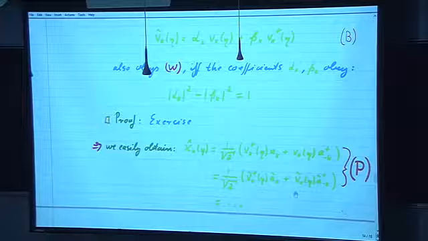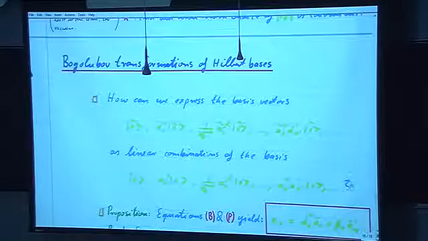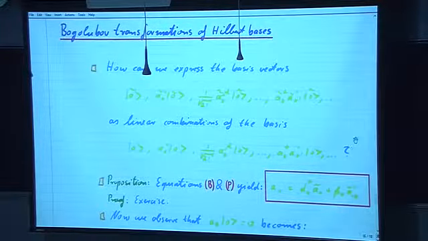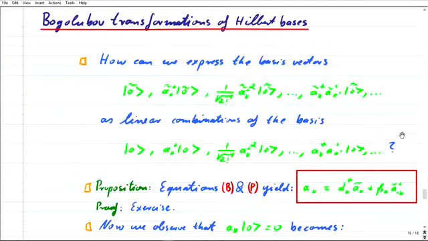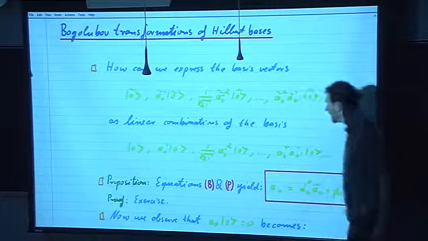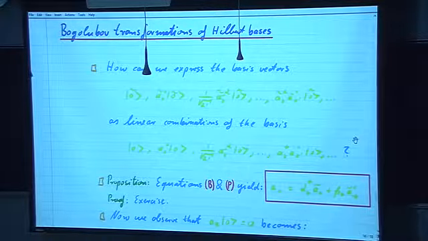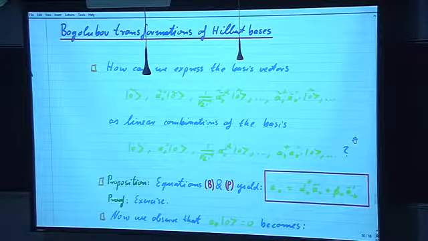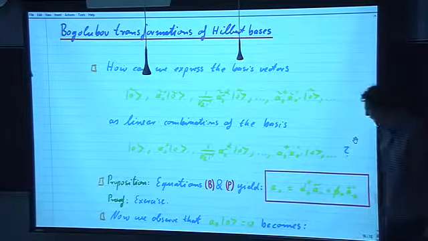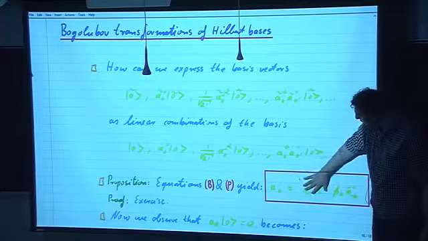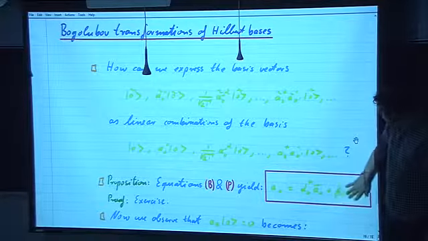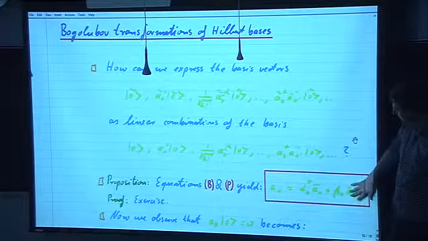If you do this, you find that the relationship between the A's and the A tildes is this. But just by plugging the B into the P and then comparing coefficients, we obtain that the A operators are a linear combination of the A tilde operators plus the A tilde dagger operators.